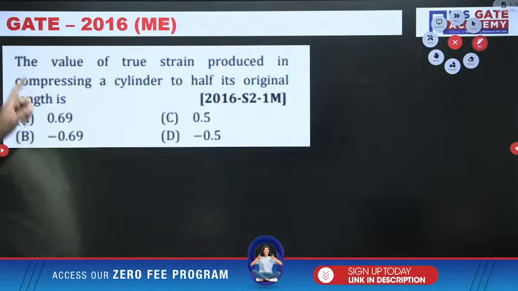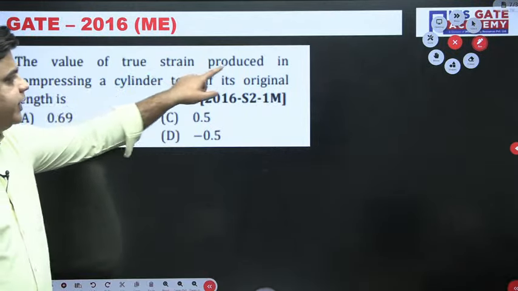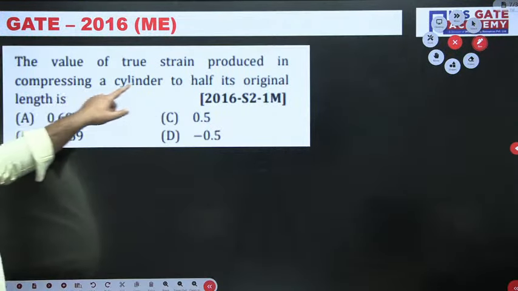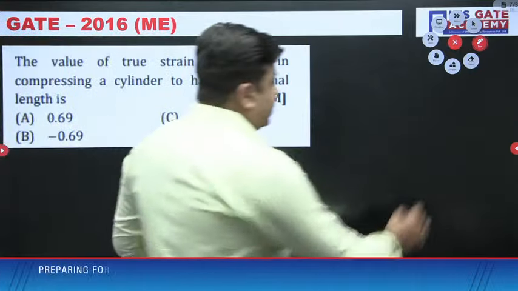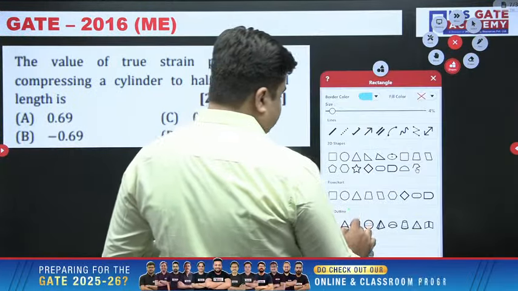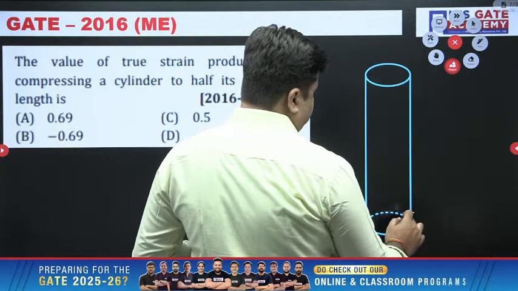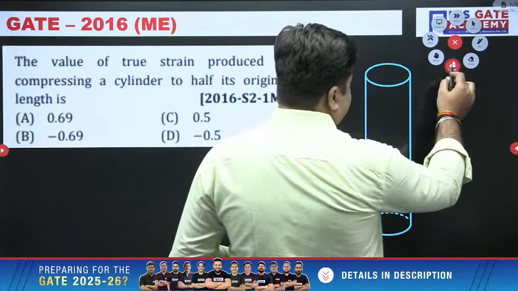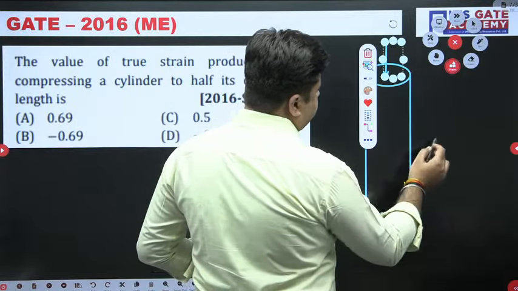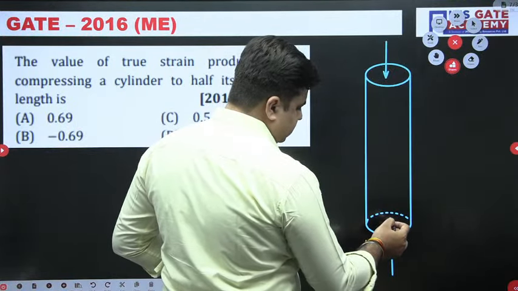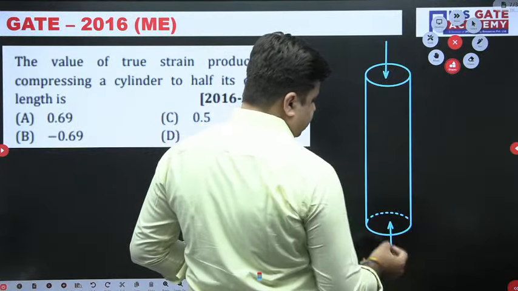What they are asking: the value of true strain produced in compressing a cylinder to half of its original length. Let me draw one cylinder in front of you. This cylinder was subjected to compressive load like this, right?